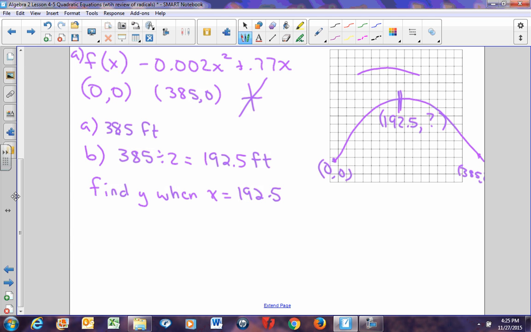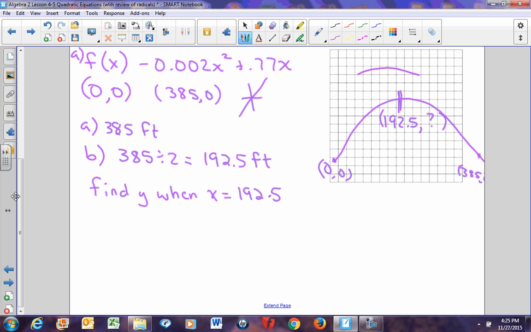Or the second way of doing that exact same thing is to go back to my graph, the equation that I had before.